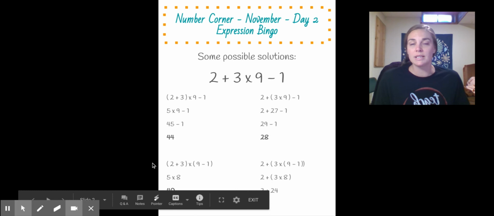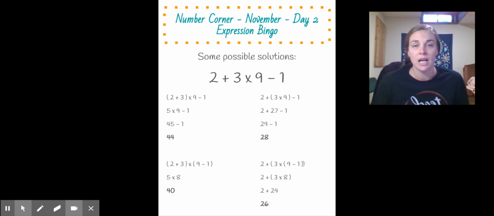Yet another friend decided to put parentheses around the 2 plus 3 and 9 minus 1. So that's what they did first. 5 times 8 equals 40, and that's what they have written underneath there. And yet another friend put some nested parentheses in. They really wanted to subtract 9 minus 1 first, so they put parentheses around that.